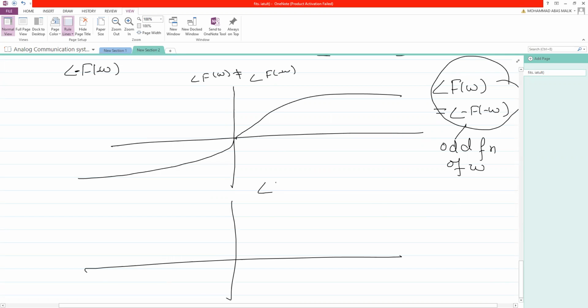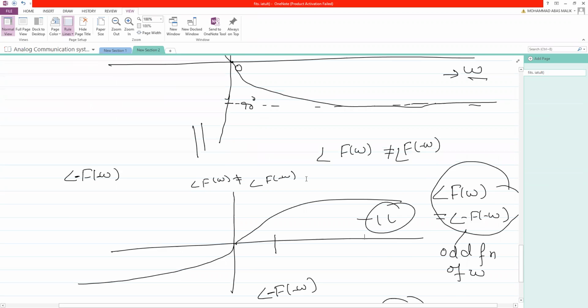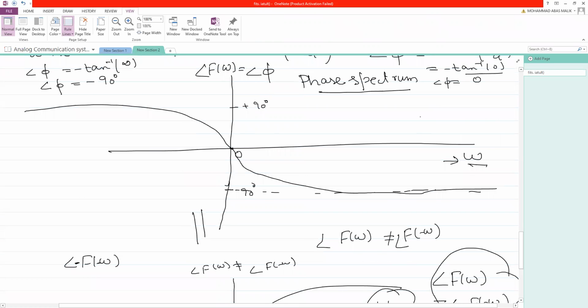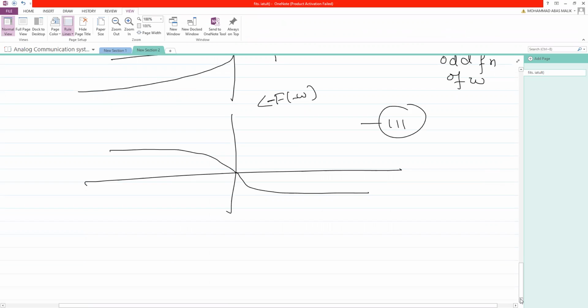This graph is angle F of minus omega. If you take minus again in this graph, you will see it is like this graph. You can see that first and third are similar. That means this is an odd function of omega, right?